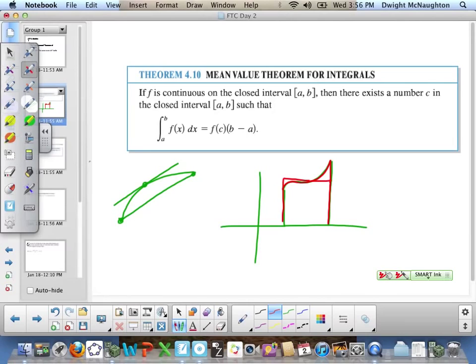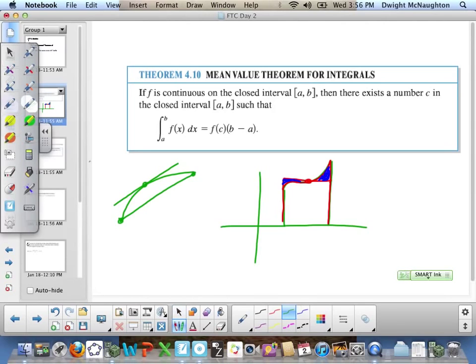So there's some point, at least once, where that height calculates the area as a rectangle. In other words, this portion above the rectangle is canceled by this portion below.